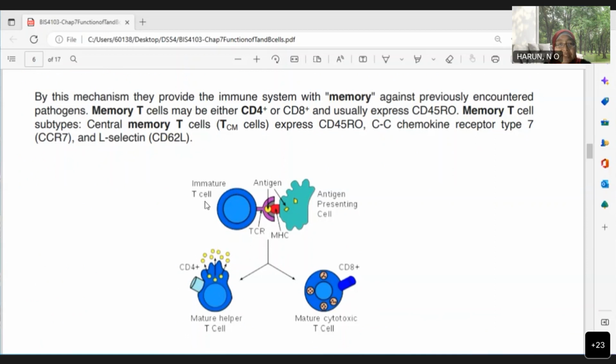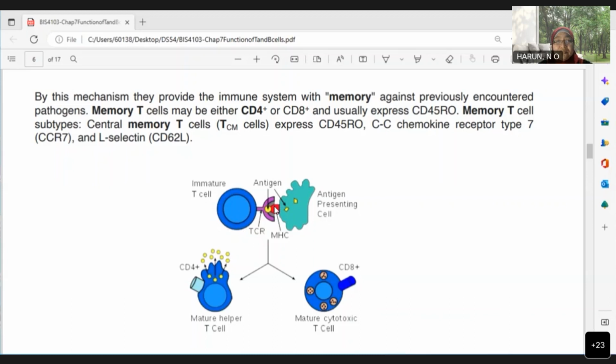Where you can see here this is your immature T cell, and this is our antigen presenting cell. So the antigen that has already invaded or been degraded into small particles in the antigen presenting cell will later be presented on the surface of this particular APC with the help of the immature T cell, which has the TCR or T cell receptor.